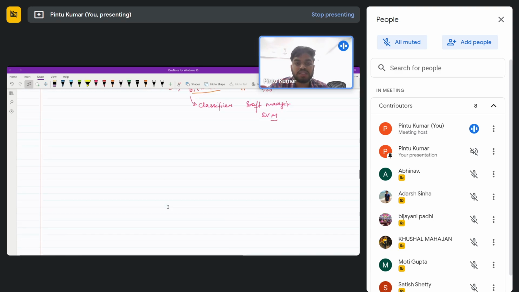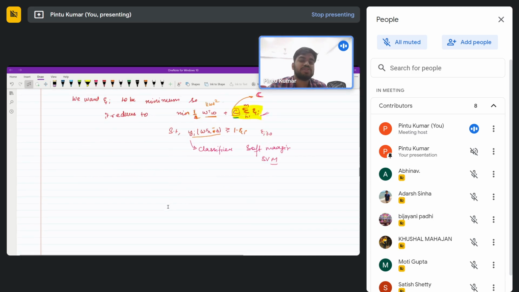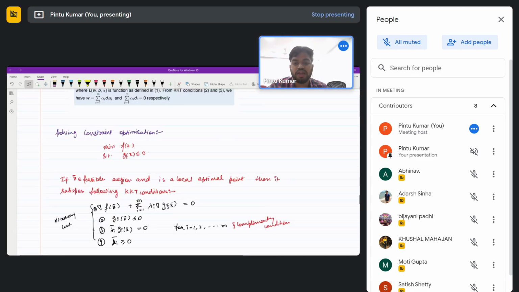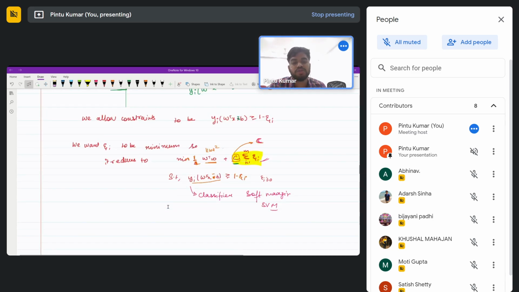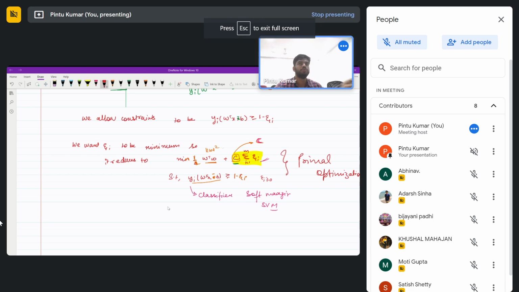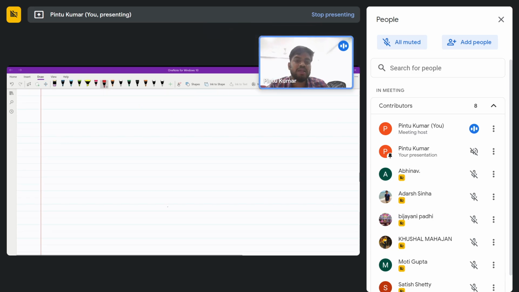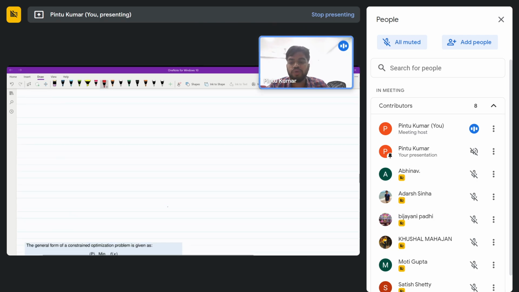Okay, so it is 6:56 right now. The next topic that we'll cover is related to this duality. So this is my primal optimization problem that I get. We'll try to convert a hard margin SVM to its dual form and see how it is done, and then why I'm doing it.